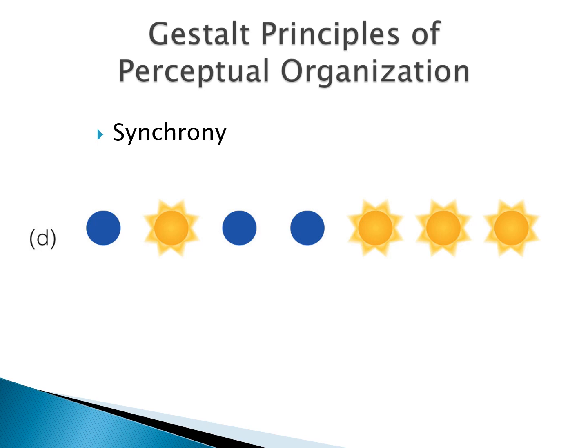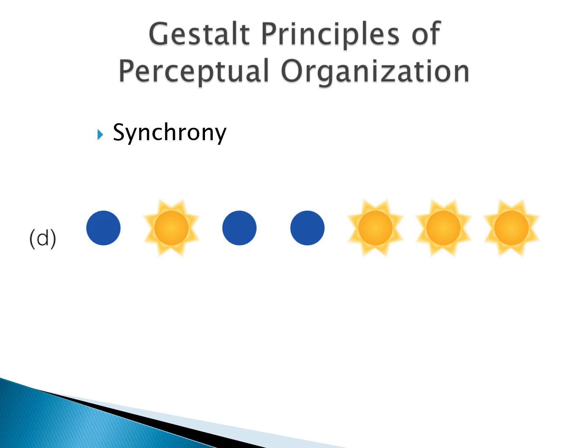Another way we perceptually organize our surroundings is by using synchrony. Things that are happening at the same time, or synchronously, we tend to group together. I've created a few new slides to try and show this.